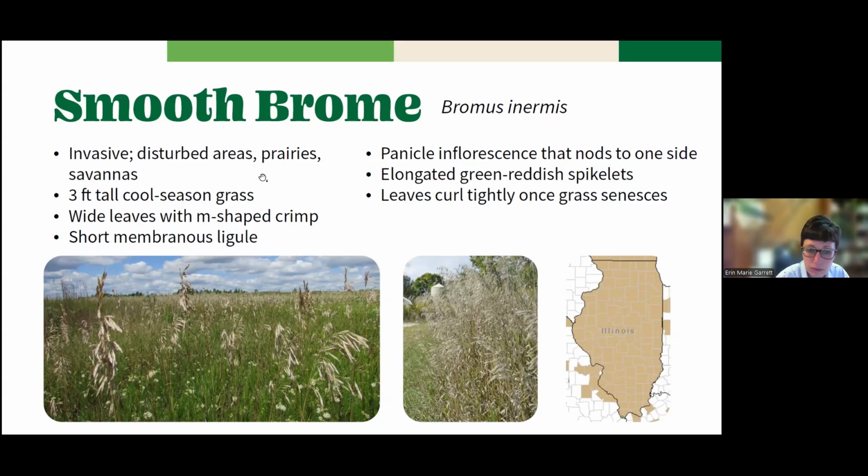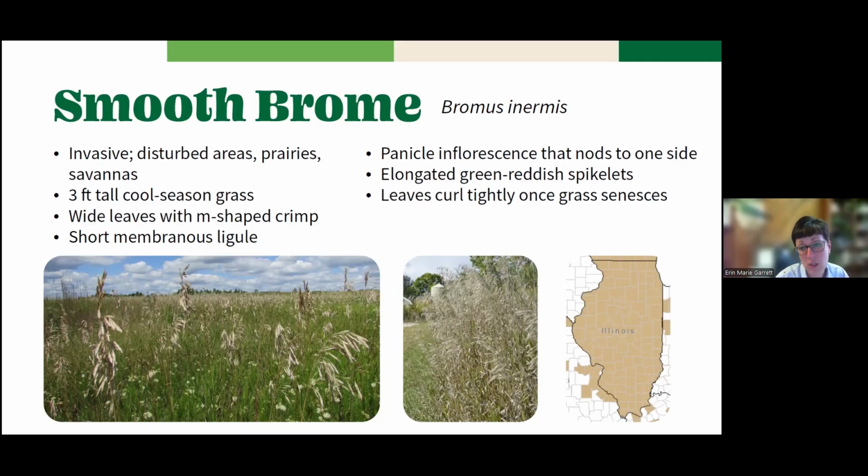This one, another cool season grass, typically stays under 3 feet tall. This one has a wide leaf with an M-shaped crimp in it. We'll see that in a second, and a short membranous ligule. It is going to produce a panicle inflorescence that will nod to one side.